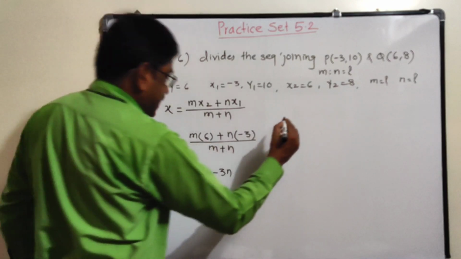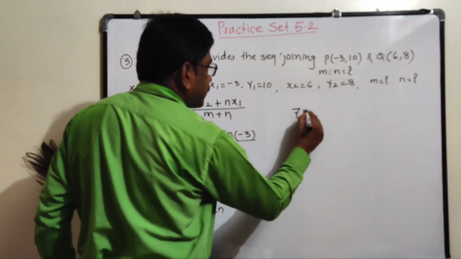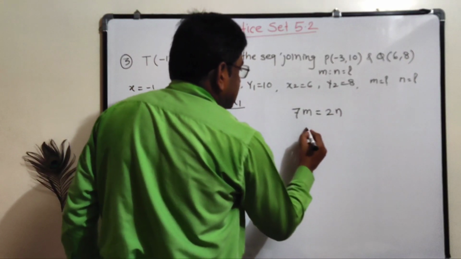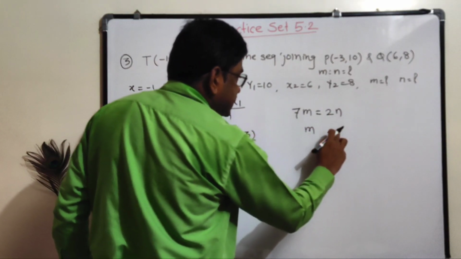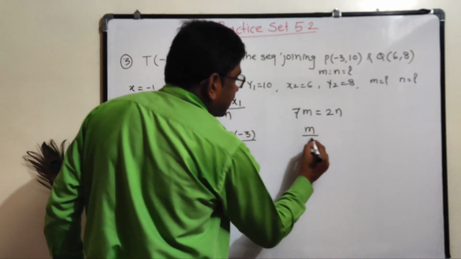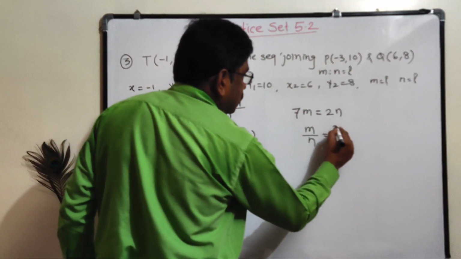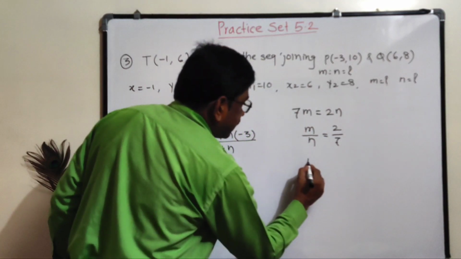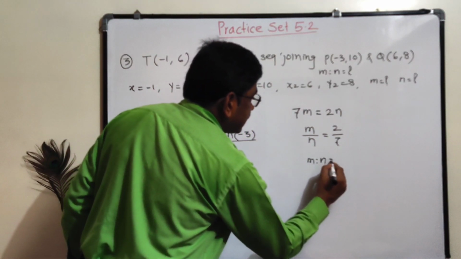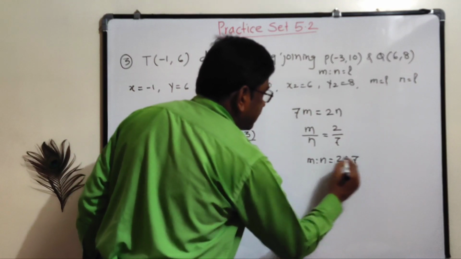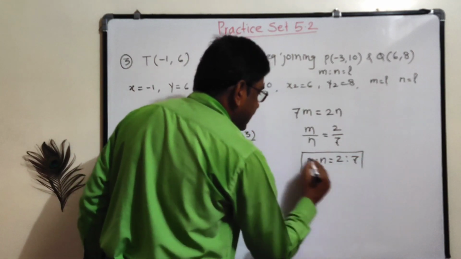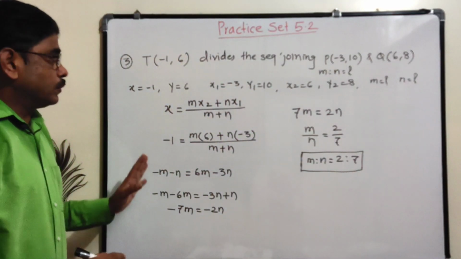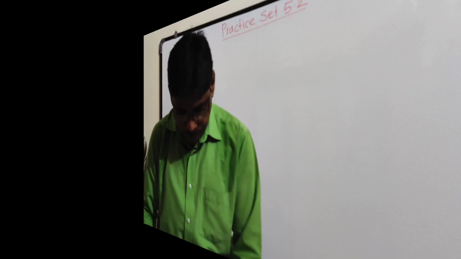Minus minus get cancelled. We get 7m is equal to 2n. Therefore m by n is equal to 2 divided by 7. So we get m is to n is equal to 2 is to 7. So in this way we can find the ratio. If one of the coordinates is given, then we get the ratio. So this is the third sum.